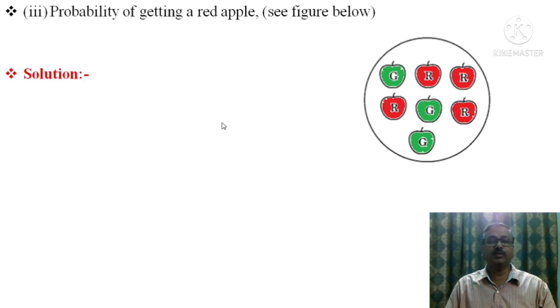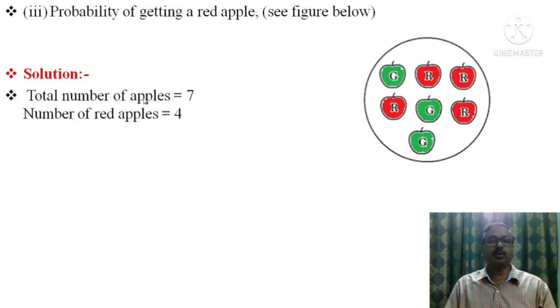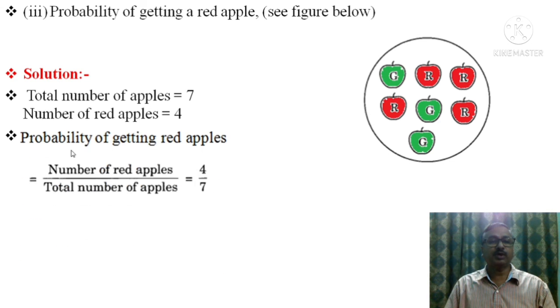So 4 by 7 should be the required probability. Total number of apples 7, number of red apples 4. Therefore the probability of getting a red apple is the number of red apples divided by the total number of apples, 4 by 7. So this is our answer.